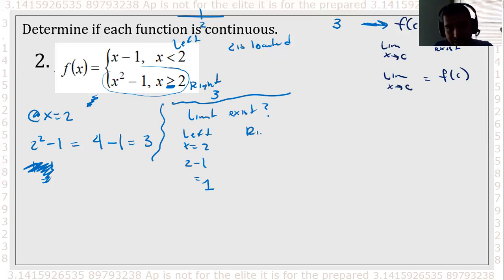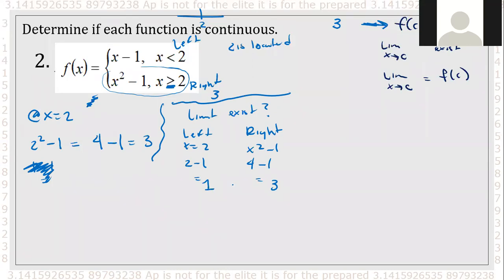And on the right, I got x squared minus 1, and I substitute x equals 2, I got 4 minus 1 equals 3. So does my left equal my right? No. So therefore, my limit does not exist.